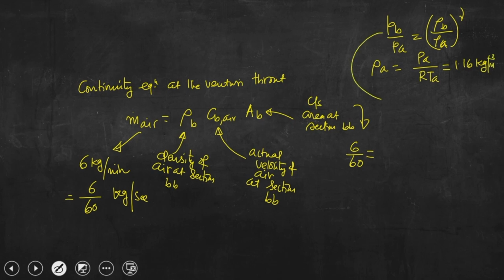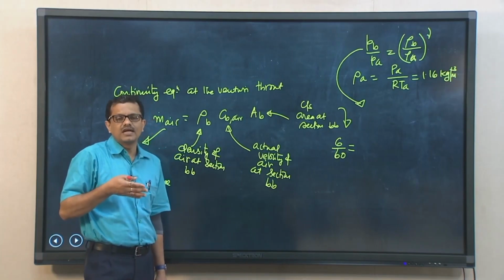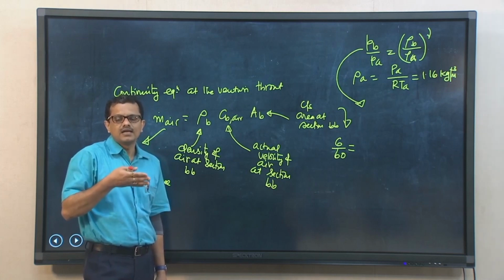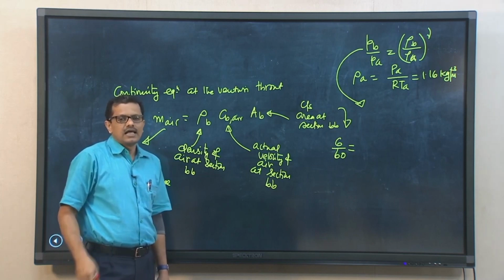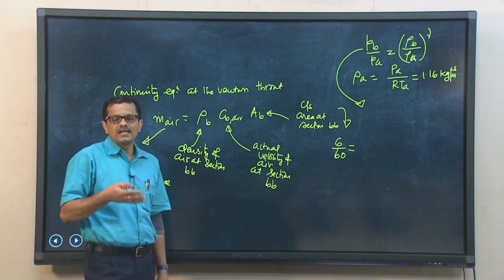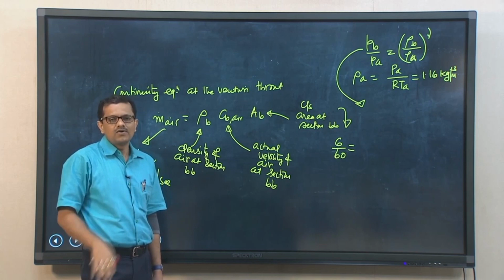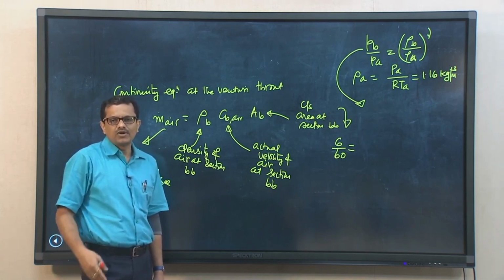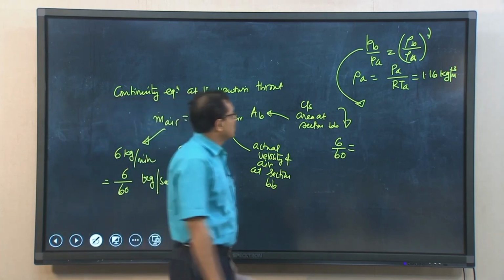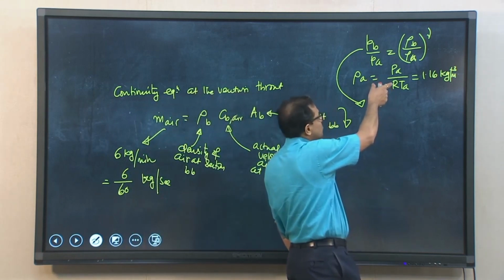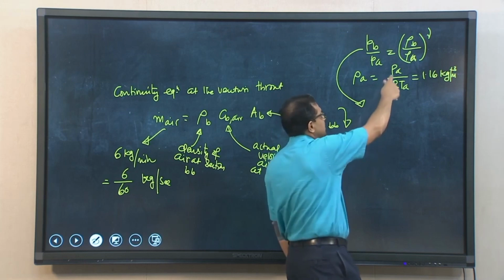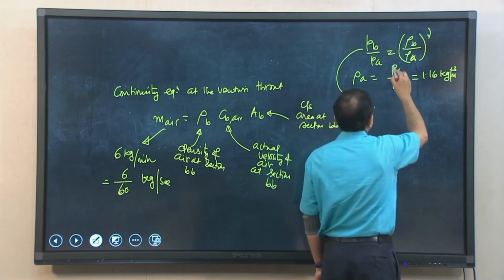And if we know rho A using this expression, because we have assumed that the flow of air is modeled as the flow of an ideal gas, and the flow is modeled by an isentropic process. So, rho A we could calculate, because PA and TA are given.